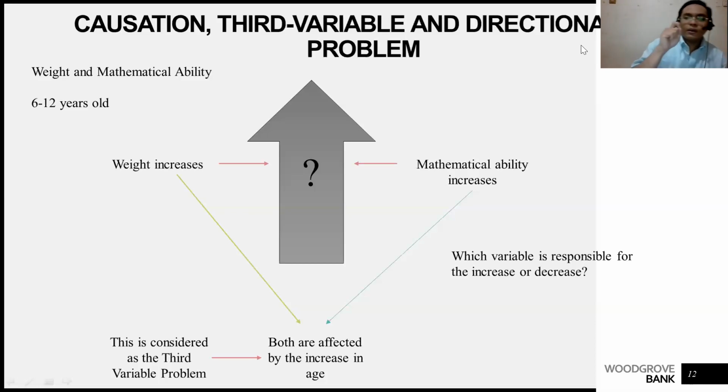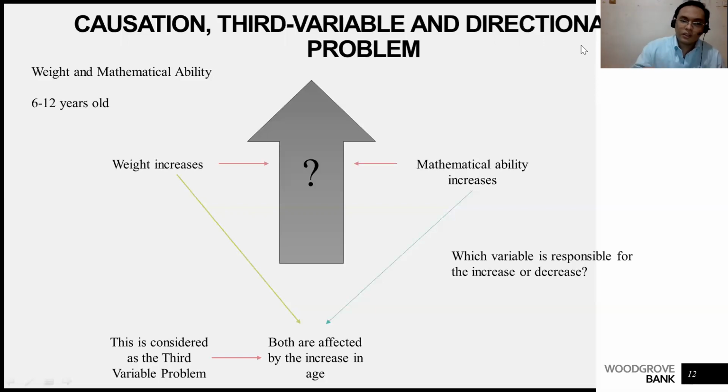First, we need to establish that weight increases, mathematical ability increases. We need also to consider if age itself is an influencer or a contaminating variable in the experiment.